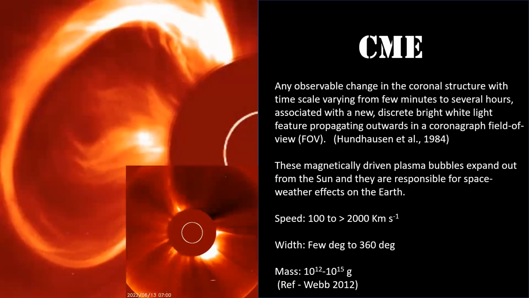Their typical speeds vary from about 100 kilometers per second to greater than 2000 kilometers per second, and this is the plane of sky speed.